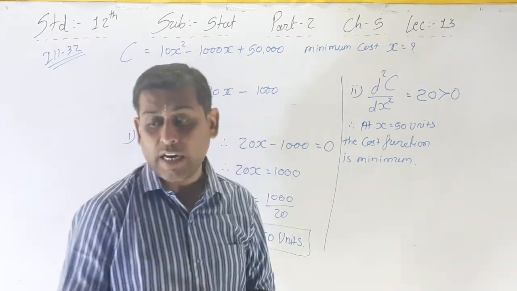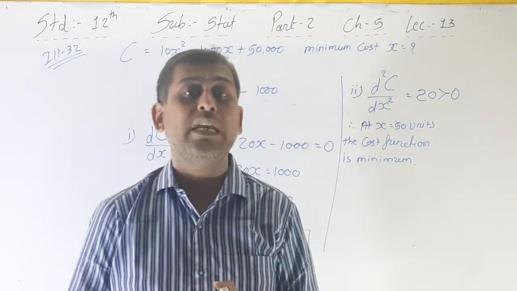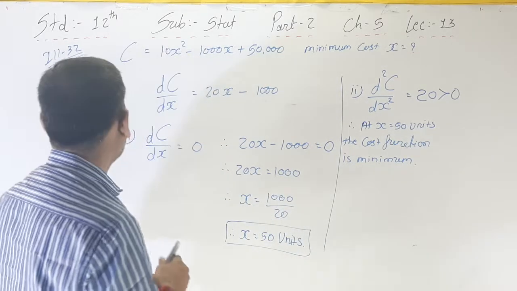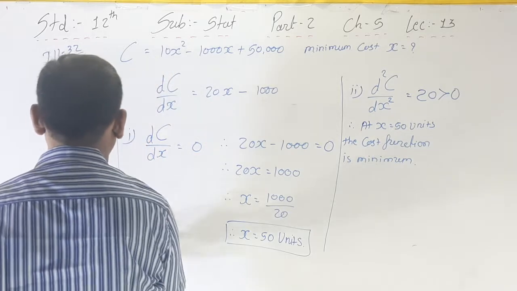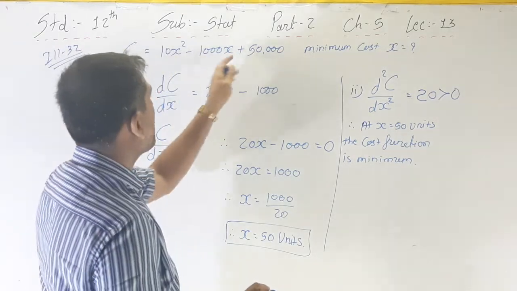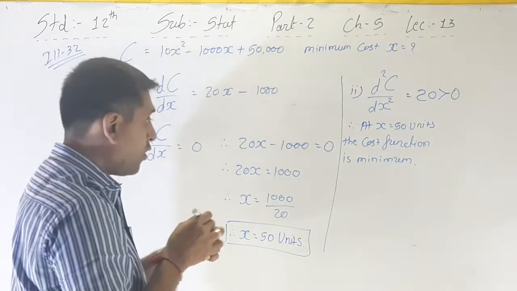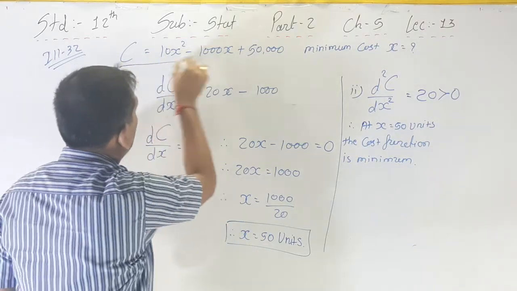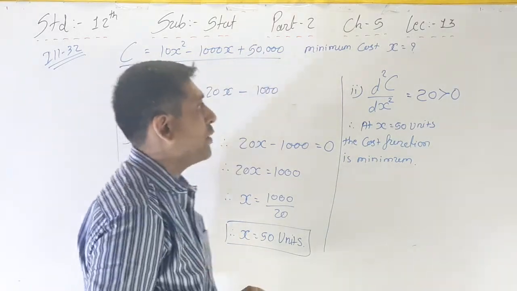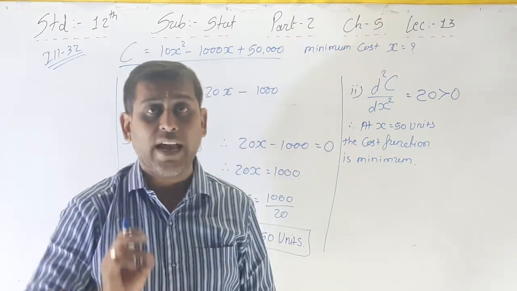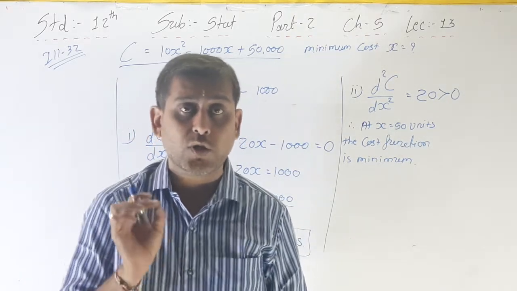Okay, and the second question: also find out the minimum cost. For finding out the minimum cost we have to put the value of x into the original cost function.